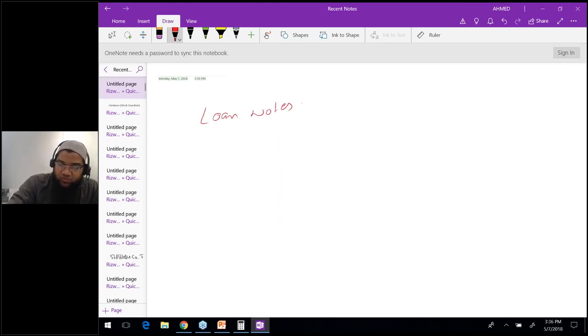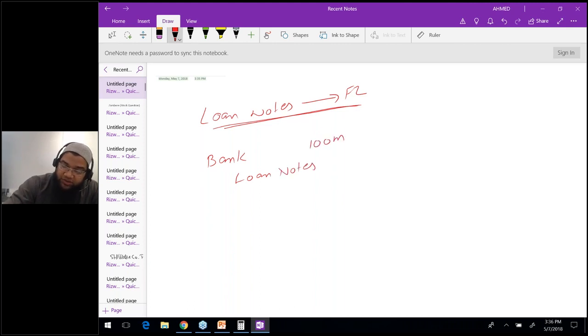We have taken a loan from someone and we need to repay that loan. Now, for example, I have taken a loan. The entry should be bank debit and the loan notes, being the financial liability, credit. Let's suppose I've taken a loan of $100 million. So the entry should be bank debit, loan notes credit, and I've taken the loan for 4 years.